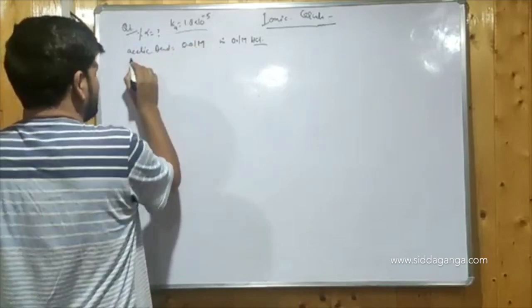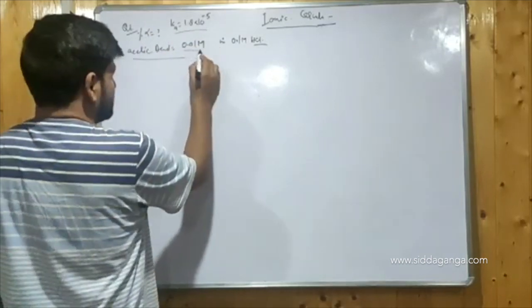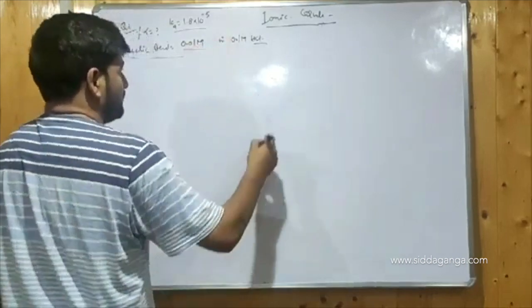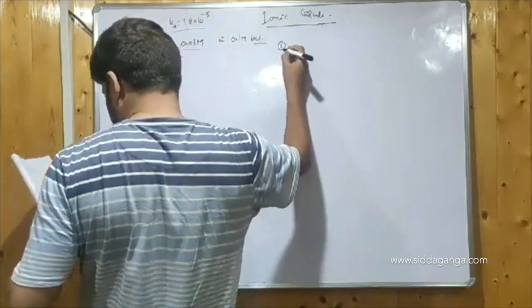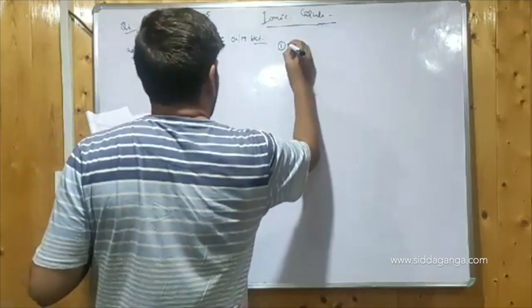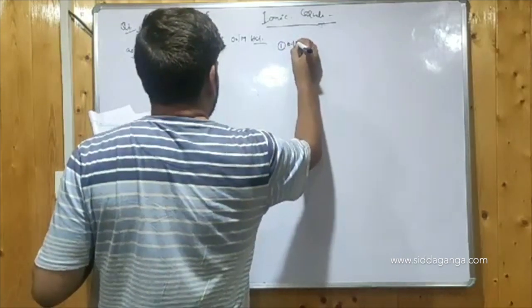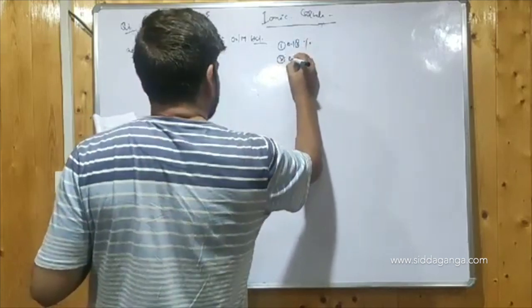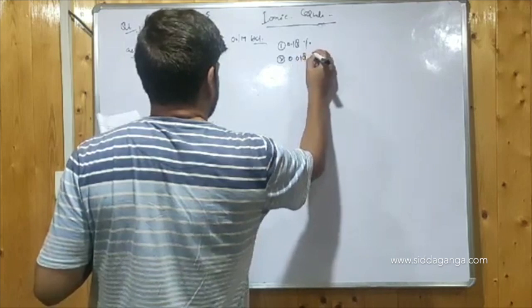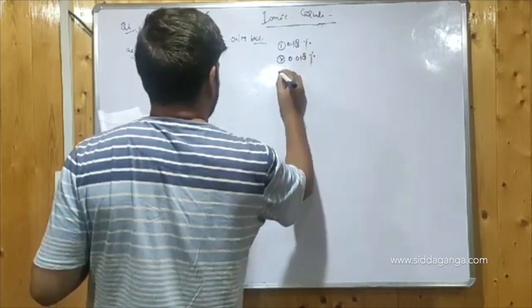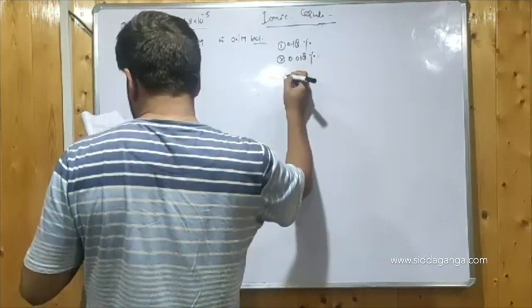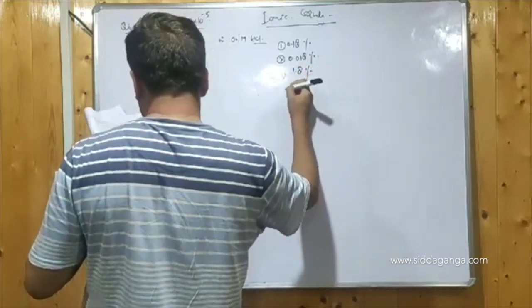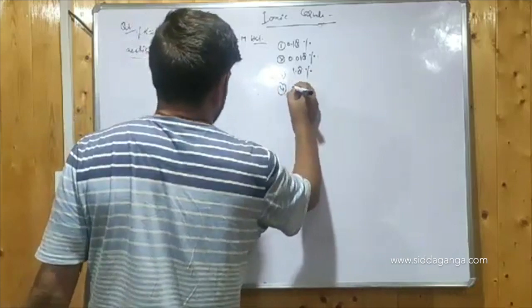Options are: 0.18%. Second option is 0.018%. Third option is 1.8%. And fourth option is 18%.